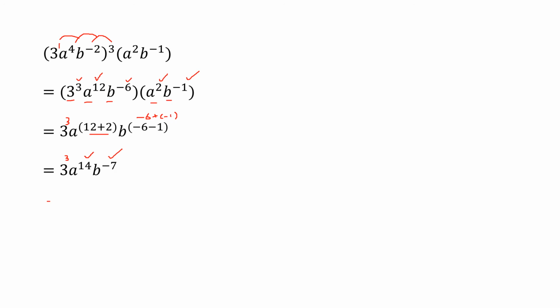So finally it will come 27 here, and a 14. If you want to write this negative exponent down, generally mathematicians prefer to write the negative exponent down, but if you write it this way, no worries.